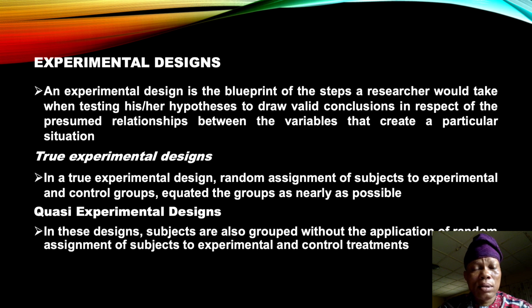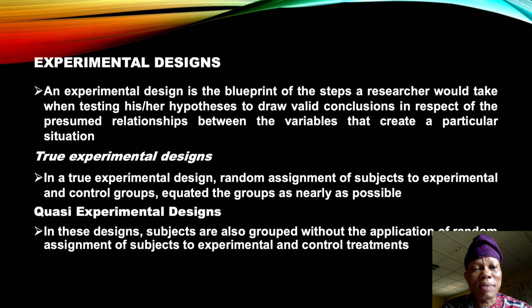But here, you use what is called intact classes. That is, for instance, if you want to use junior secondary school level 3, and the junior secondary school level 3 has about 5 arms, you may decide to use just junior secondary school level 3, class A. That is under quasi-experimental design.